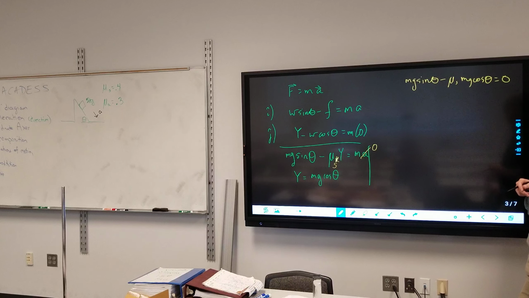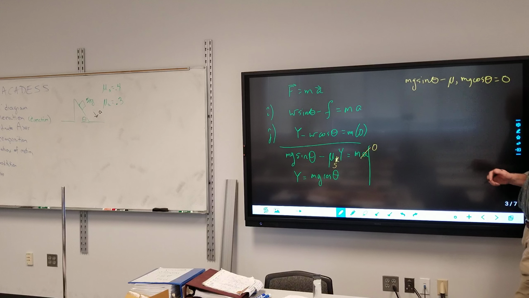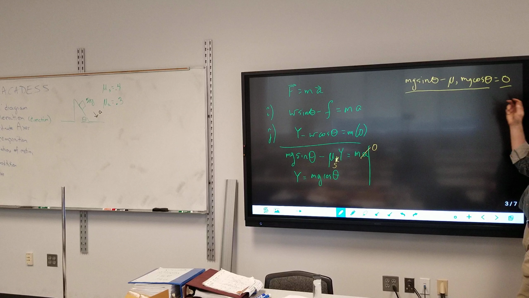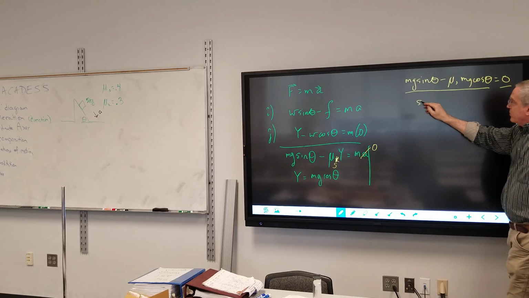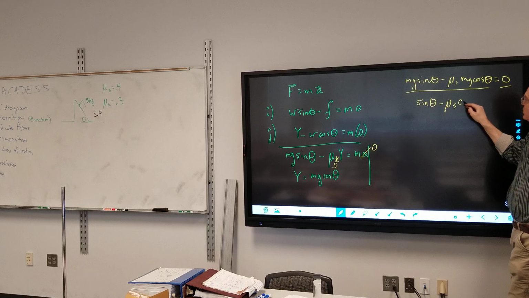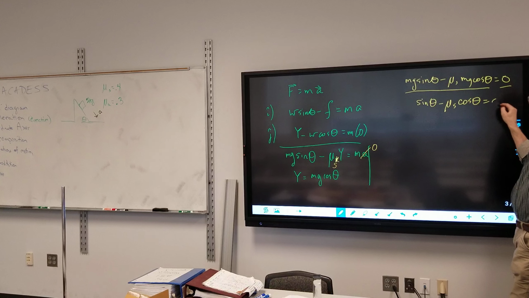Do I have anything that I can cancel out? We can cancel out later too if you want. mg. Yep. If I divide everything by mg, including the 0, I'm left with sine theta minus mu s cosine theta equals 0.